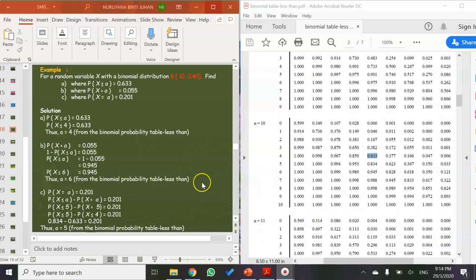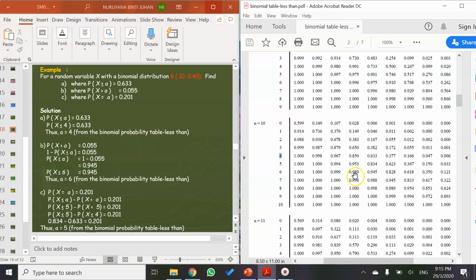Now you need to find which r gives you this value 0.633. Here this is the 0.633, and this is when r equal to 4. So you can say that a, the previous a, is actually equal to 4. This is from the binomial probability table.